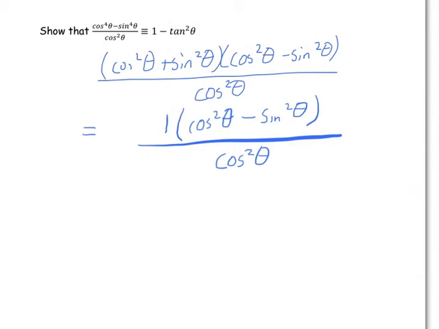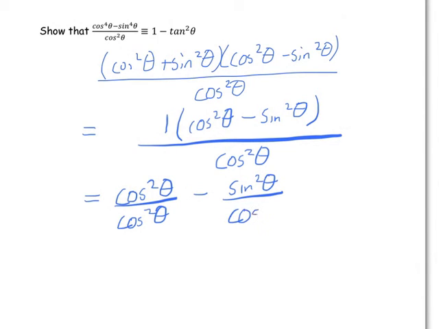At this stage we don't have to leave this as one fraction. We can split it into two fractions: cos squared theta over cos squared theta, minus sine squared theta over cos squared theta.